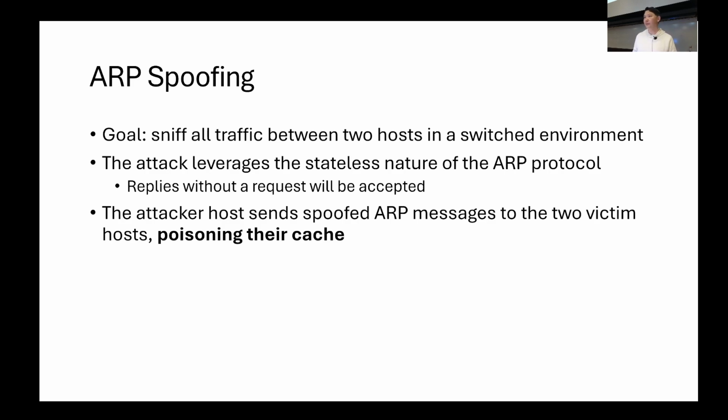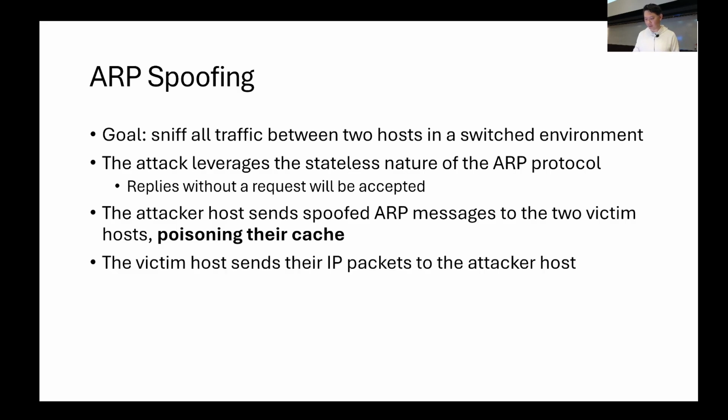That means there is no controller for the ARP cache in the subnetwork. So we can control that ARP cache. How can you do that? That is the ARP spoofing attack. The attacker host sends spoofed ARP messages to two victim hosts, poisoning their caches.